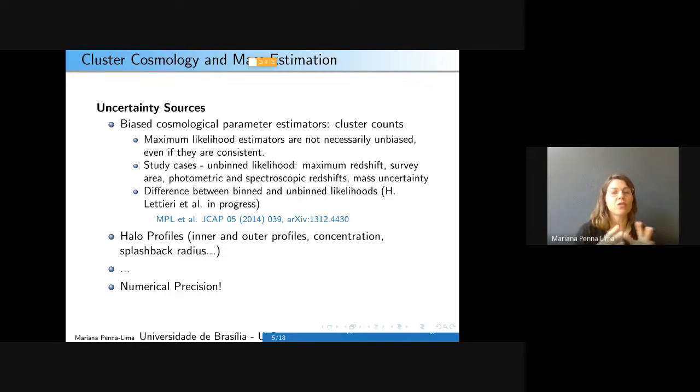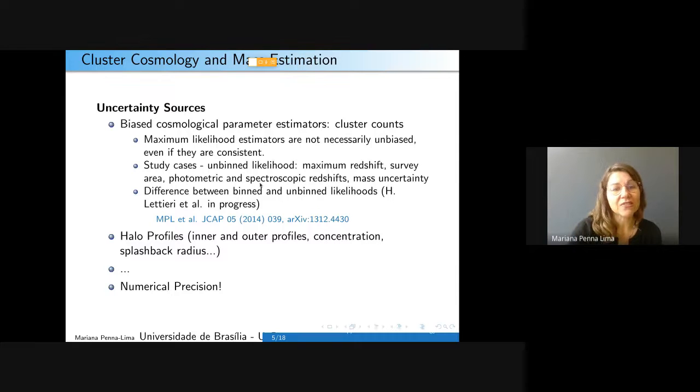Usually, the unbinned likelihoods provide more constrained confidence regions, and the bias on the estimators also differs a lot between these two methodologies.